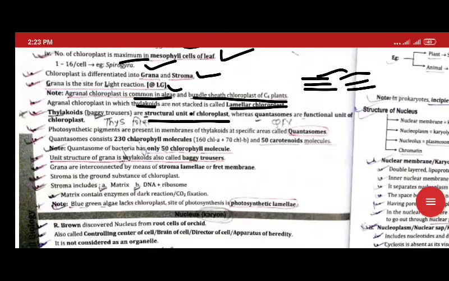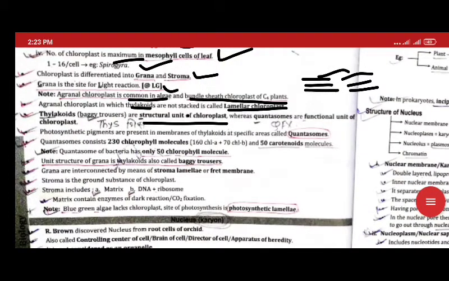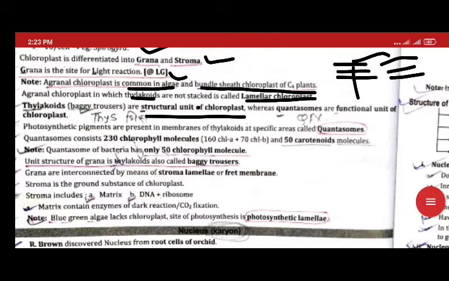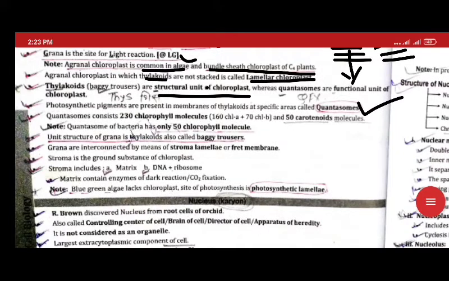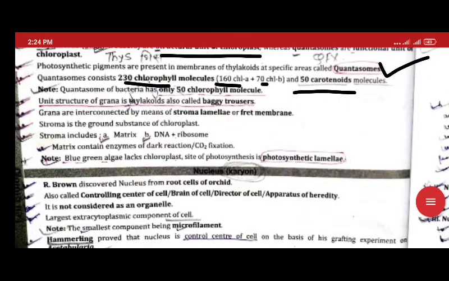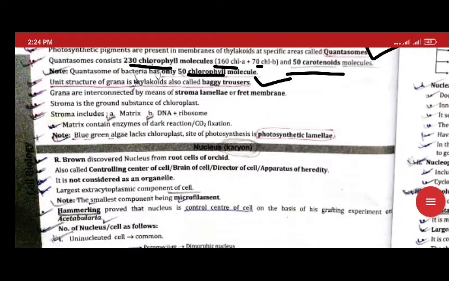The photosynthetic pigment present in this thylakoid is organized in quantasomes. A quantasome contains 230 chlorophyll molecules, 160 chlorophyll A and 70 chlorophyll B, along with 50 carotenoid molecules. Quantasome in bacteria contains only 50 chlorophyll molecules. The unit of grana is also called baggy trouser.